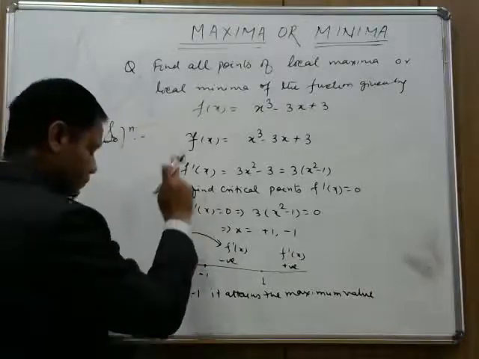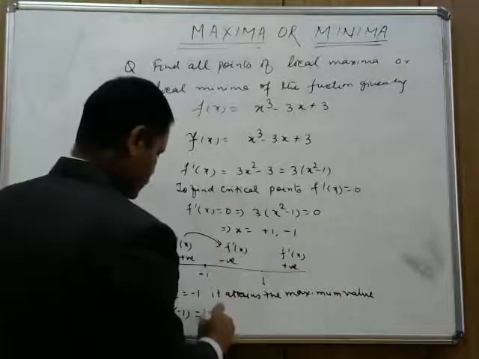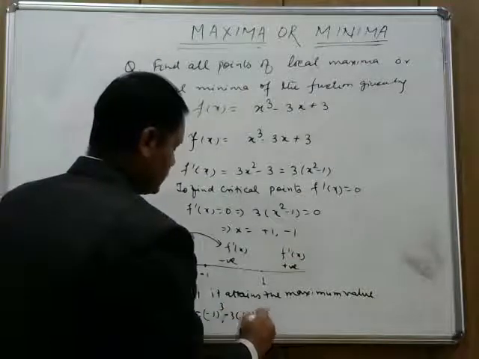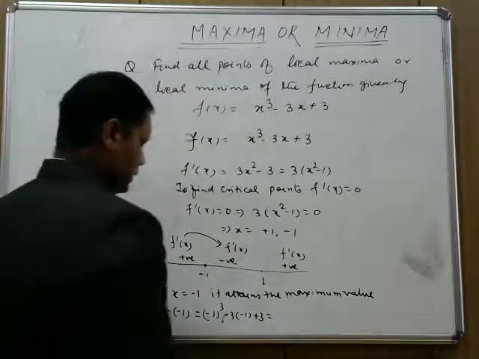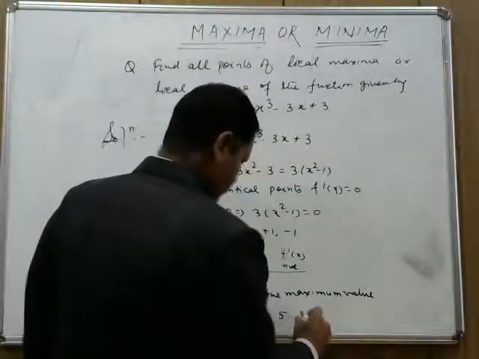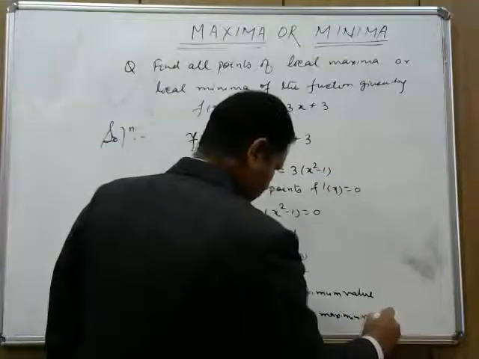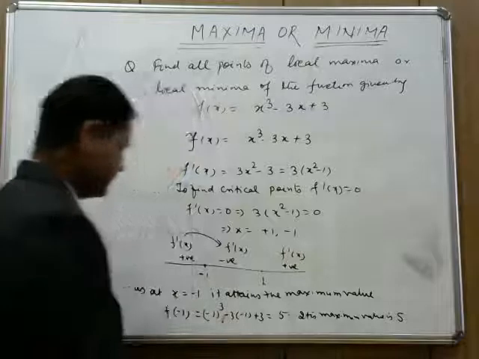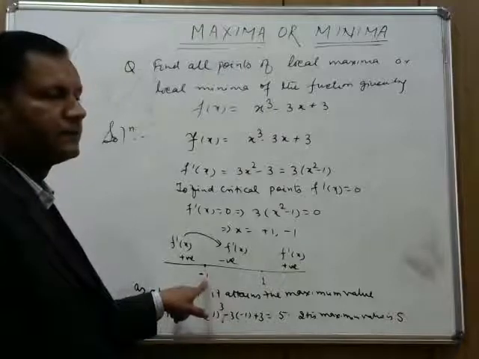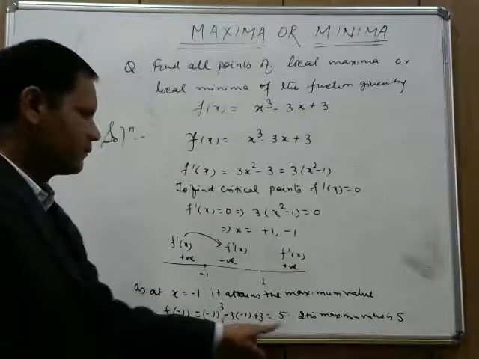When I put -1 in f, f of -1 is equal to -1 whole cube minus 3 into -1 plus 3, it will give you -1 plus 6, which is 5, and therefore its maximum value is 5. That means -1 is the point of maxima, and its maximum value is 5.